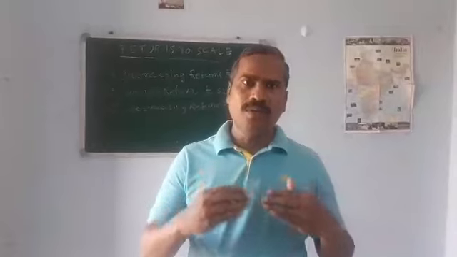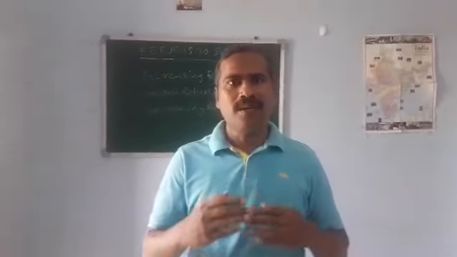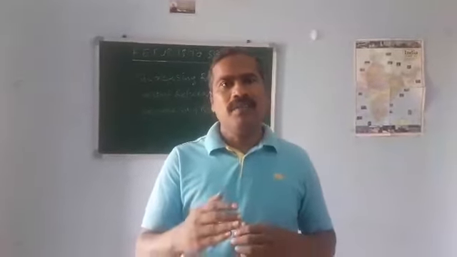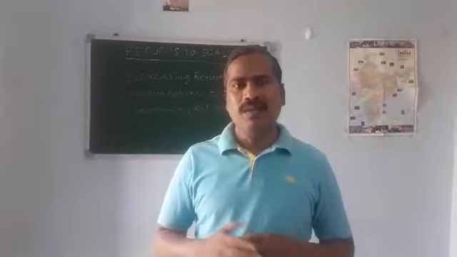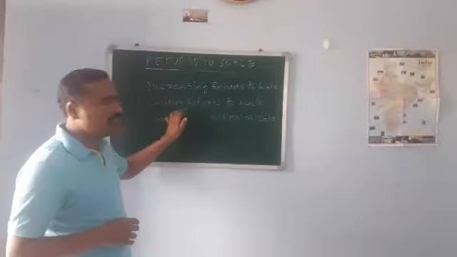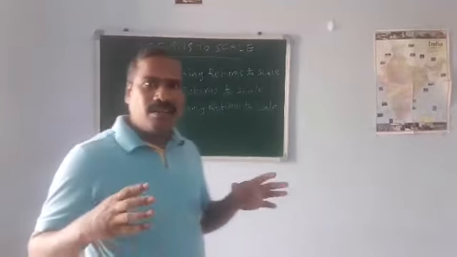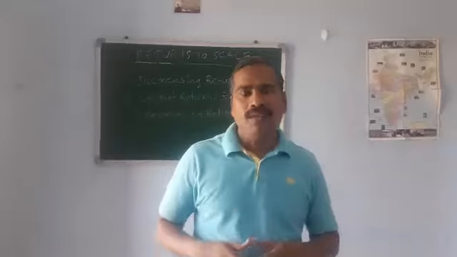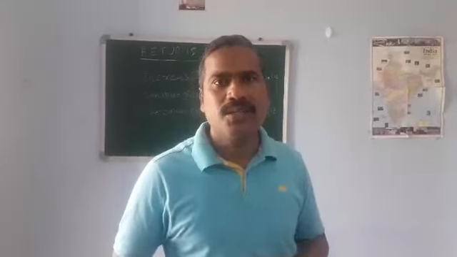If you go on that path, we will enter into the second stage. What is the second stage? In the second stage, we will get constant returns to scale. What do you mean by constant returns to scale?